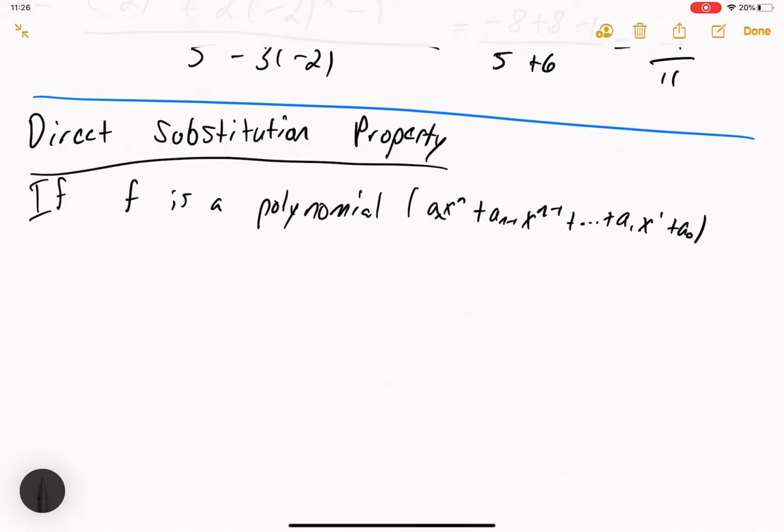This is just a generic form of writing a polynomial, which basically means any polynomial. Or a rational function. And a rational function is basically a polynomial over a polynomial.